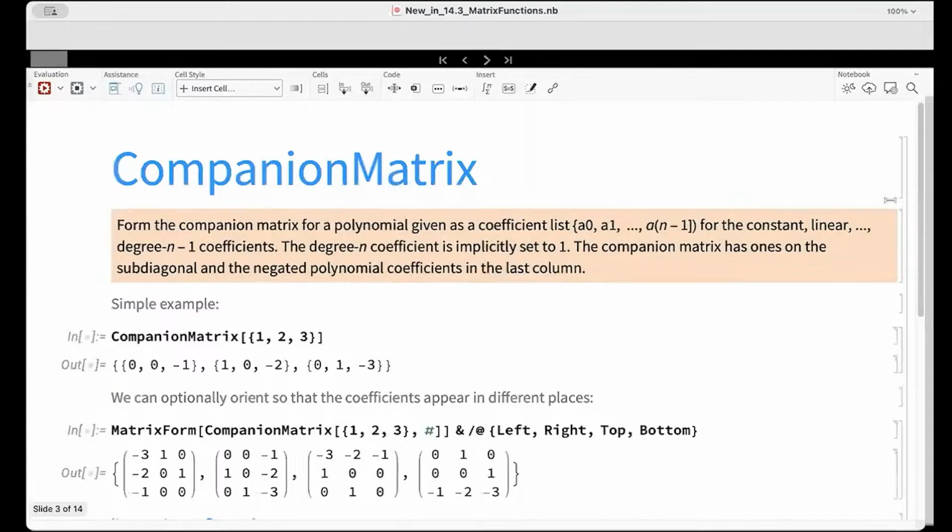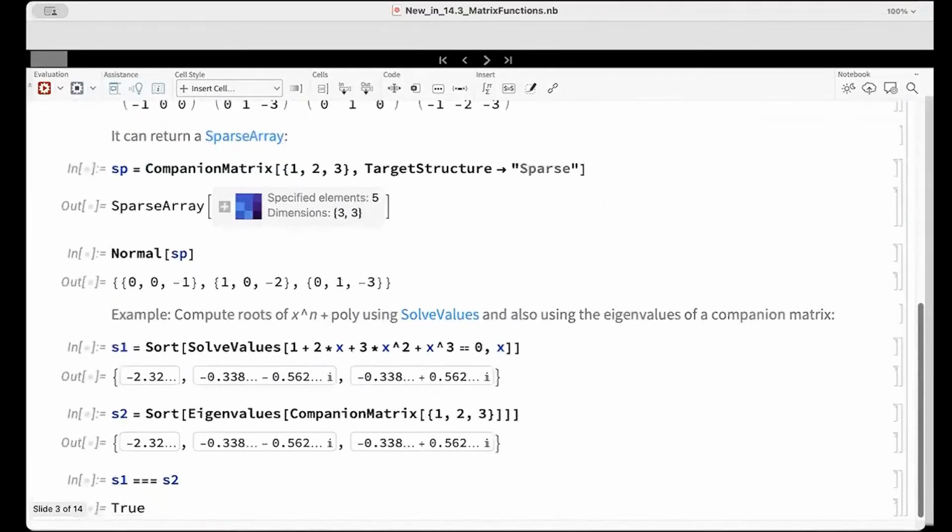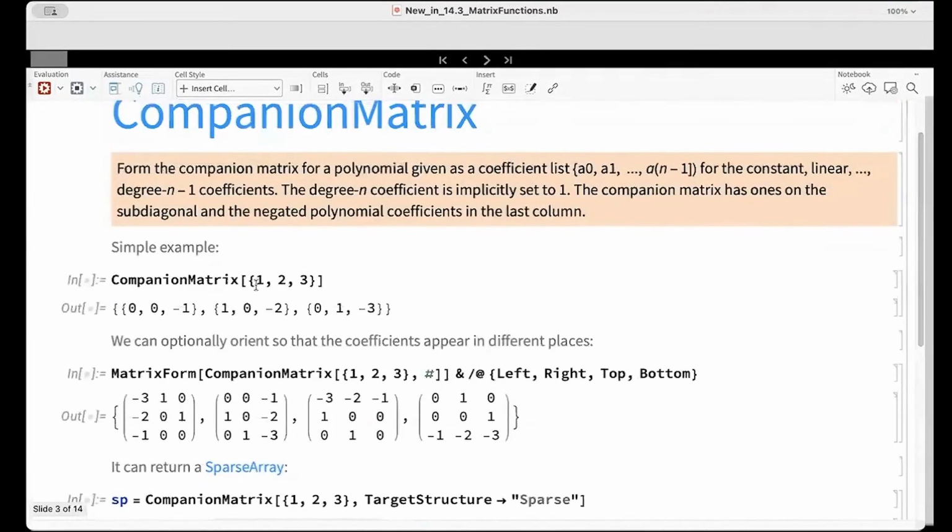We have introduced the companion matrix as a specialized type of matrix. And what that is: given a set of numbers, which are typically the coefficients of a polynomial, the standard method is to negate them and have them running down the main diagonal from the 0 degree to the n-1 degree coefficient of a polynomial, and then we have ones on the subdiagonal.